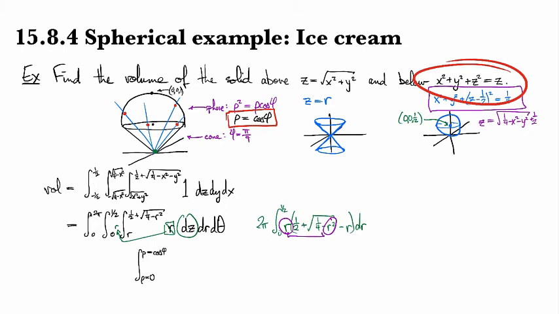And now let's see, which angles does this go through? Well, remember, we start at the vertical, and then we swing down over the positive x-axis as far as we go, and we see that we get to phi equals pi over 4. So that's from 0 to pi over 4.